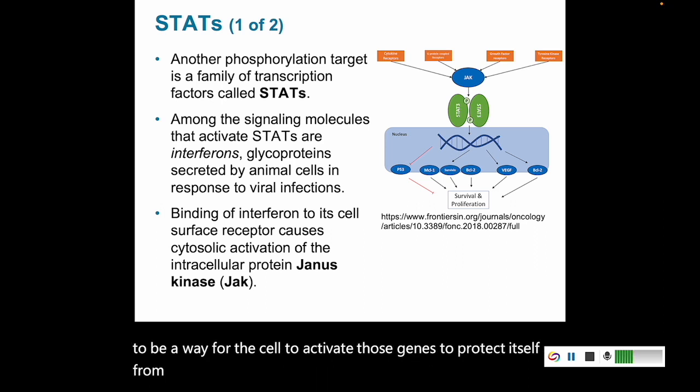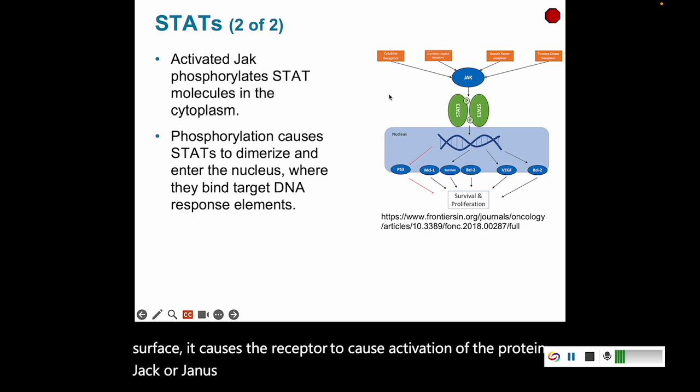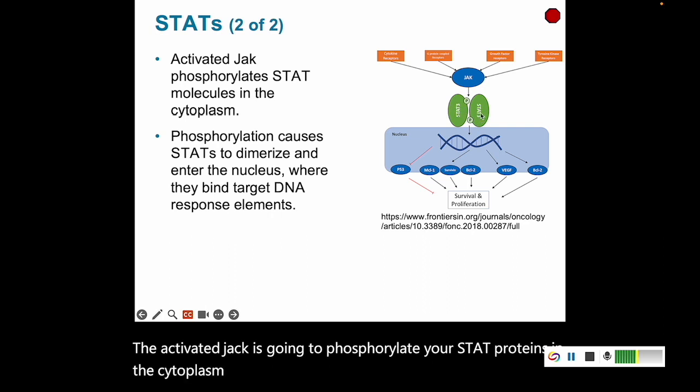So when the interferon binds to the cell surface, it causes the receptor to cause activation of the protein JAK, or Janus kinase. The activated JAK is going to phosphorylate your STAT proteins in the cytoplasm, which causes them to dimerize. See how these phosphorylated ones are sticking together in pairs?